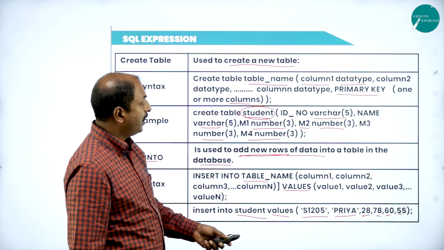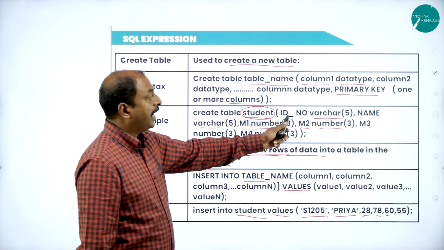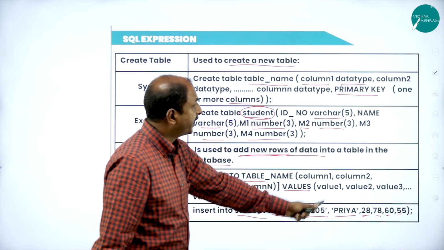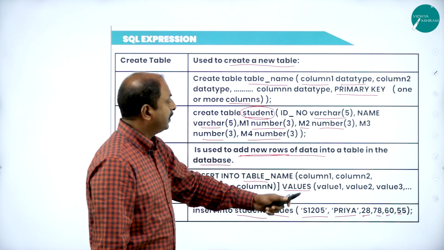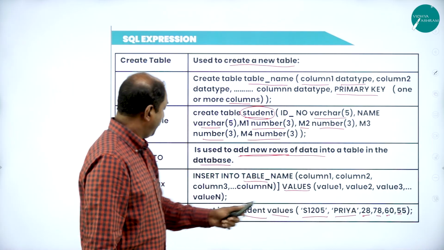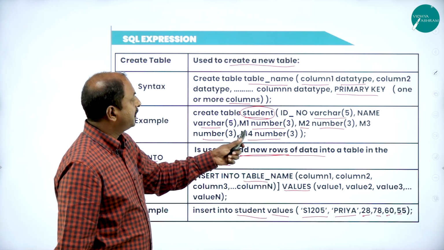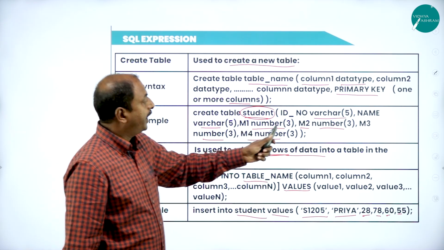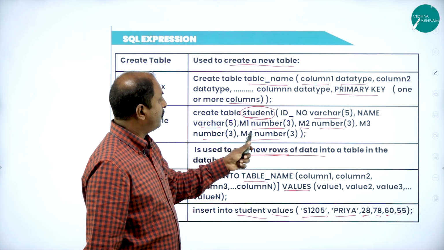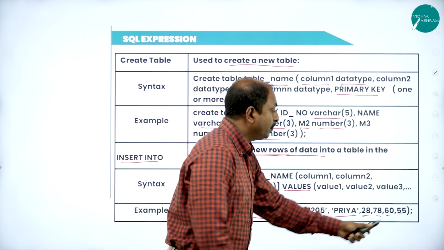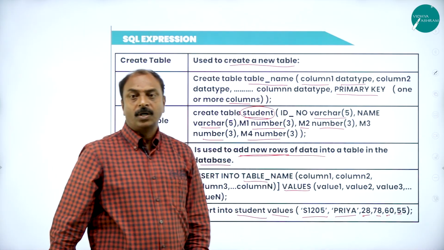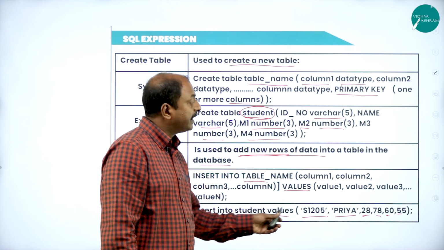Accordingly, the first one will be the ID number, the second one is the name, and the third value in the insert command goes to the first mark column, that is M1, and then M2, M3, M4. So these values go into the particular columns in the same order.